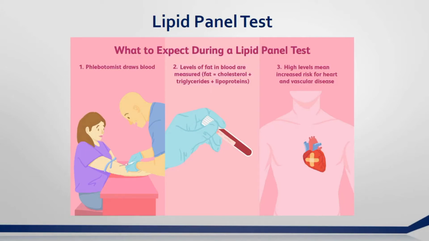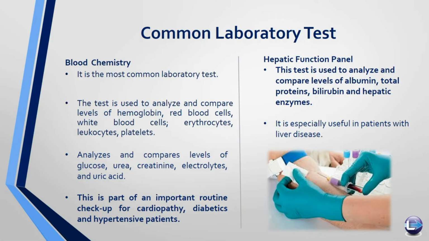Common laboratory test. It is the most common laboratory test. The test is used to analyze and compare levels of hemoglobin, red blood cells, white blood cells, erythrocytes, leukocytes, and platelets. Analyzes and compares levels of glucose, urea, creatinine, electrolytes, and uric acid.